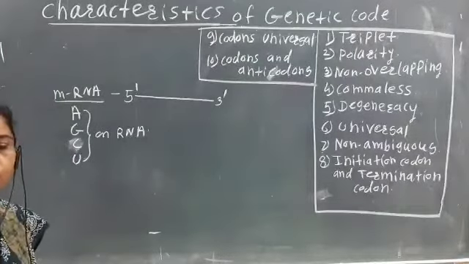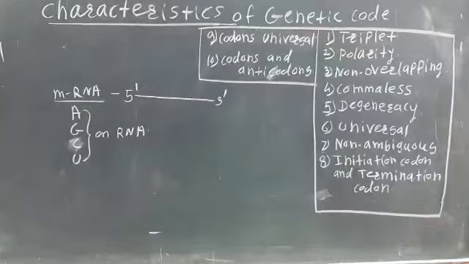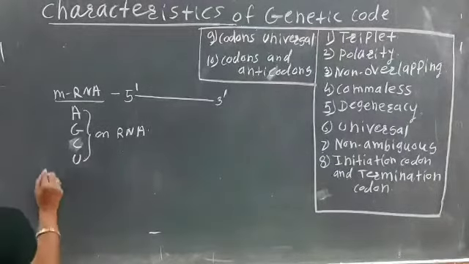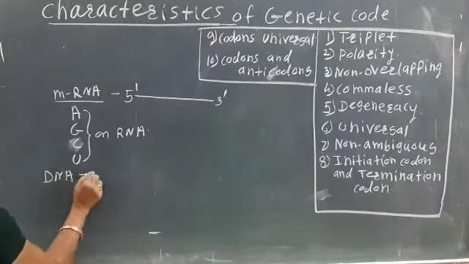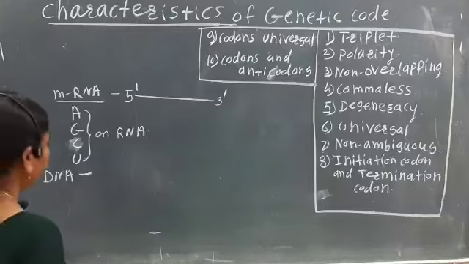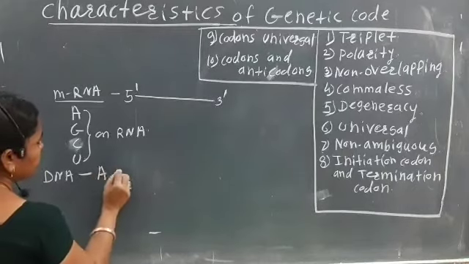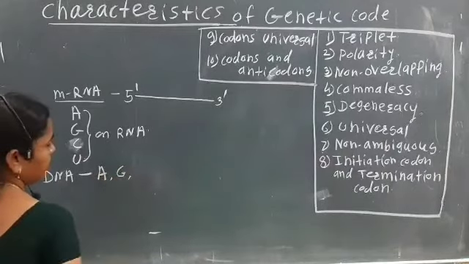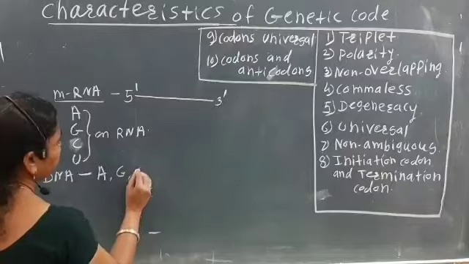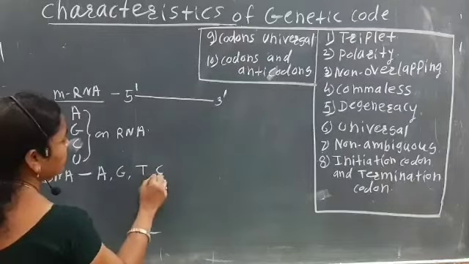So if we look at the DNA, the purines are adenine and guanine, and the pyrimidines are thymine and cytosine.